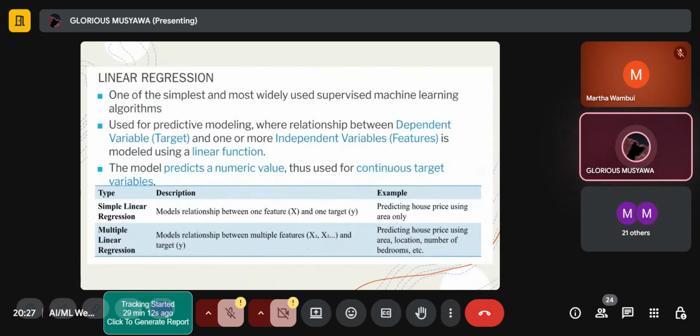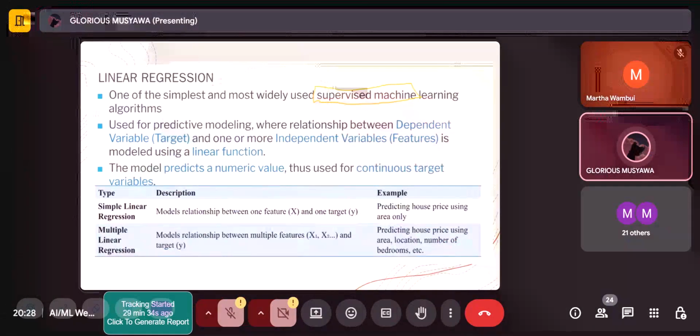So, still on linear regression, it's a supervised machine learning algorithm. If you can remember, we talked about supervised and unsupervised. So you need to train it with labeled data. Tell it, if a house has these features, this is the price. If a house has this many bathrooms, this is the price.